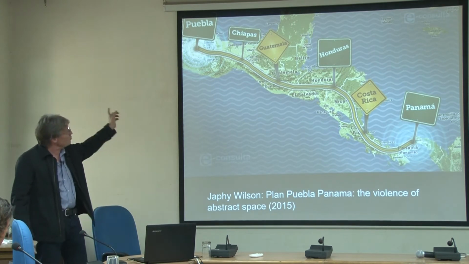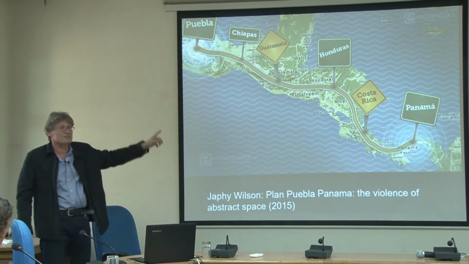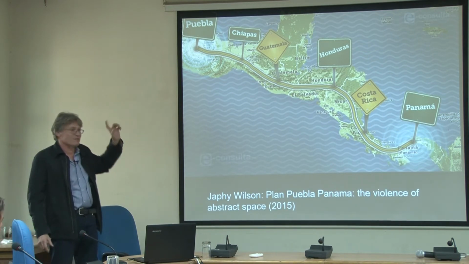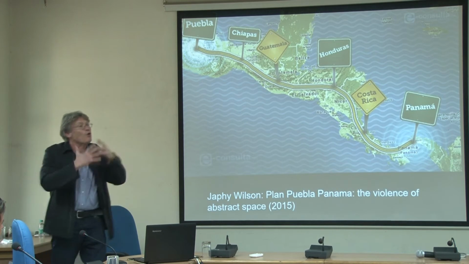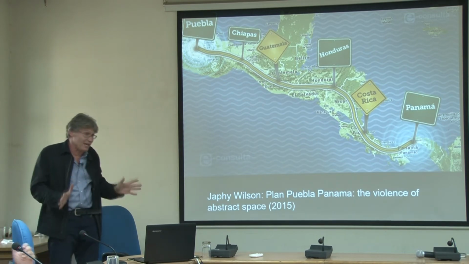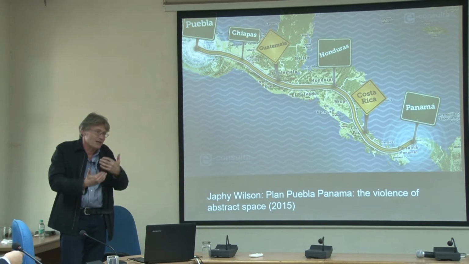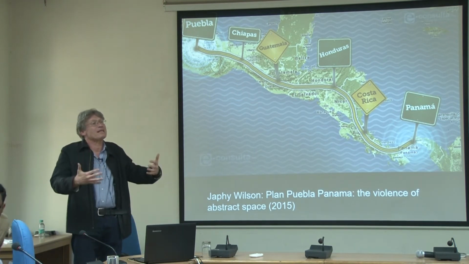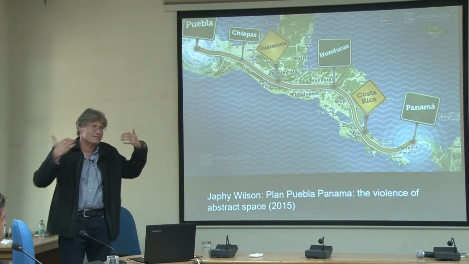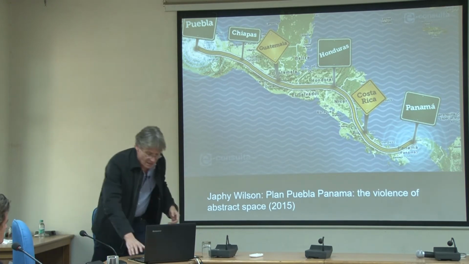That was a project to construct a huge highway, but it was not just a highway, it was combined with all sorts of other infrastructural projects from Puebla to Panama. Finally, it failed, but he shows the effects that only the planning of that project had, and all the resistances against it.